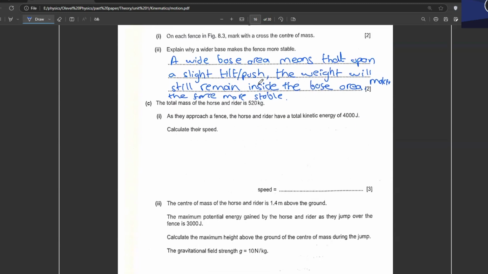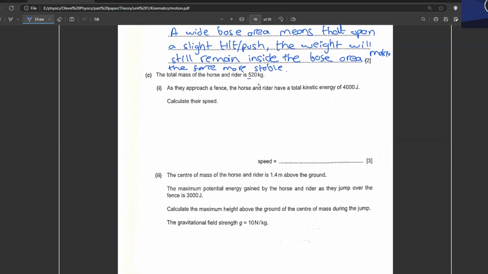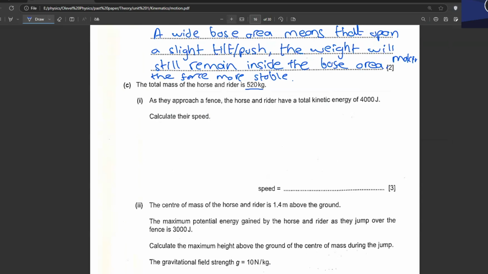Let's move on to part C. The total mass of the horse and the rider is this. As they approach the fence, the horse and the rider have a total kinetic energy of this. Okay. You have to calculate their speed. Do you remember the formula for kinetic energy? Kinetic energy is equal to 1 over 2 mv square.